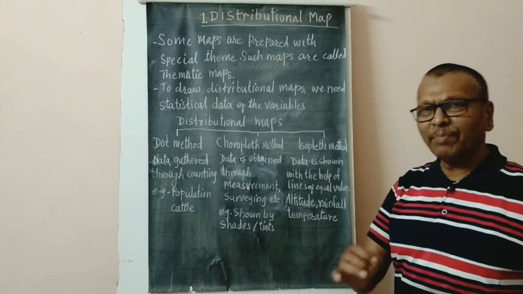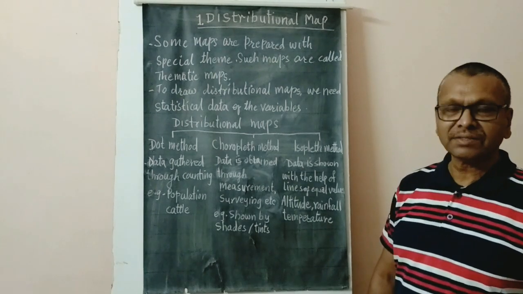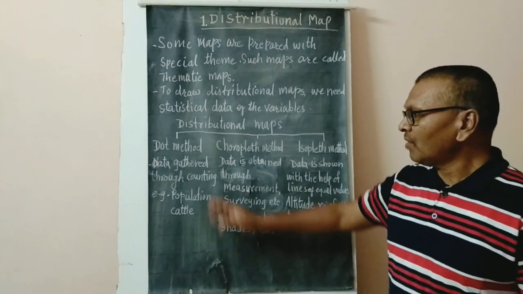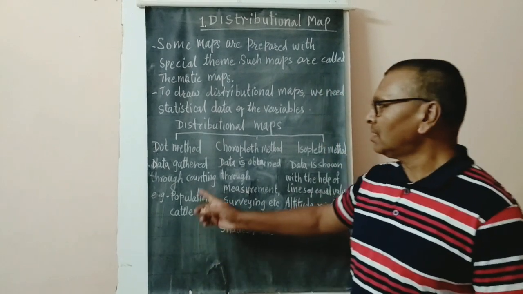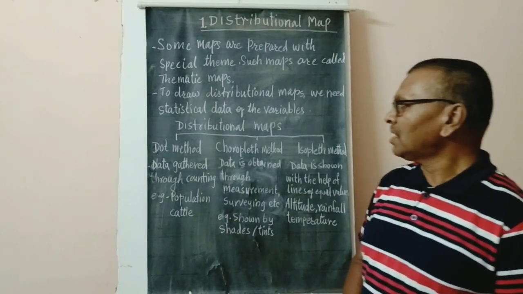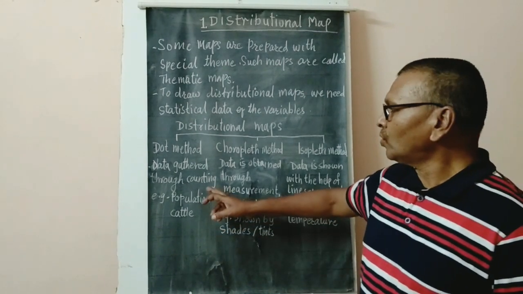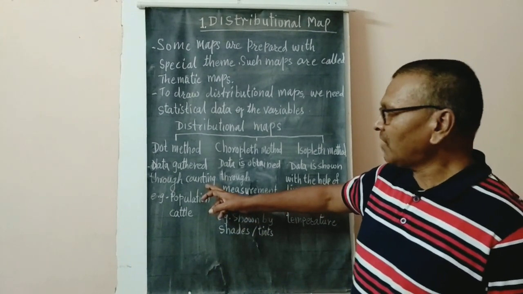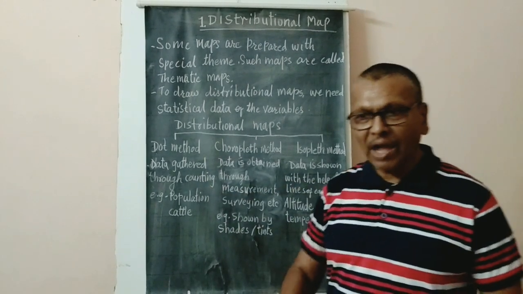So let us have a brief look at what this dot method is, how the data is gathered for this dot method. In the dot method, the variables are given through counting. That is, the data is gathered through counting. We can count the number.